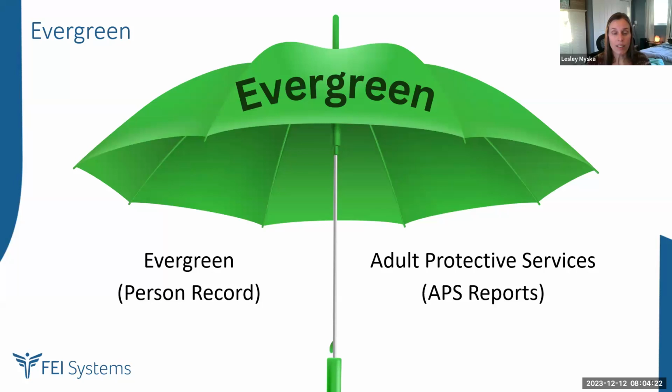However, the Evergreen Person Record itself, where we capture all of the relevant person details like demographics, identifiers like a number, Social Security number, health insurance, health information, that is a shared record. So our Adult Protective Services and Public Guardianship Conservatorship staff will also have access to view and edit the data captured at the person record level. Next slide, please, Miranda.